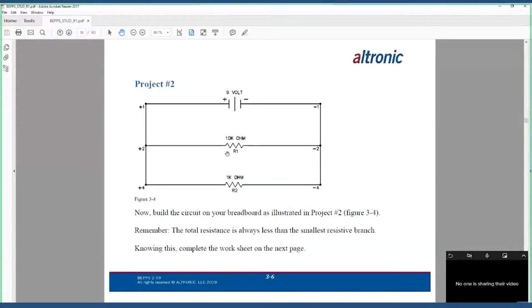Lester, you want to take a stab at that one? What's the current there? Voltage divided by resistance, right? I got 0.0009. Well, yeah, one would think that's what it is, right?